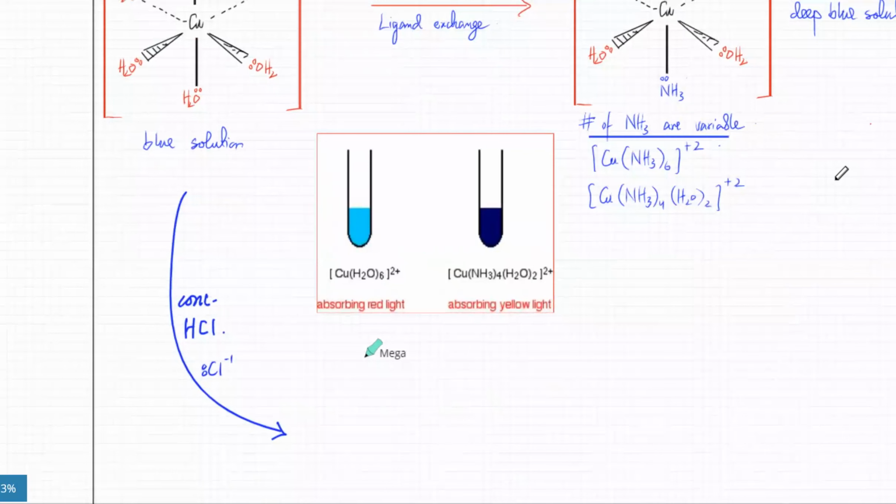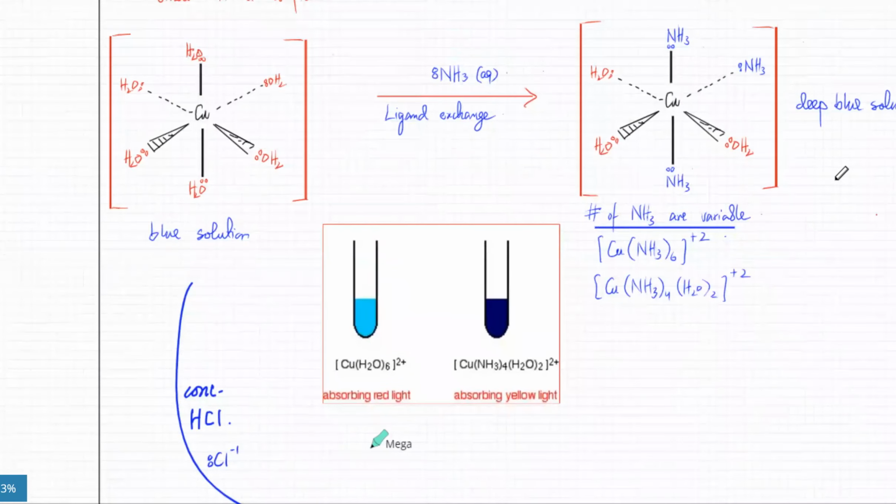Sir, we have that deep blue solution, the complex ion of ammonia. If we add more water into it, is there a chance that the water molecules will knock out the NH3 molecules? Exactly. It's a reversible reaction. That's a good point. You can do the opposite as well.